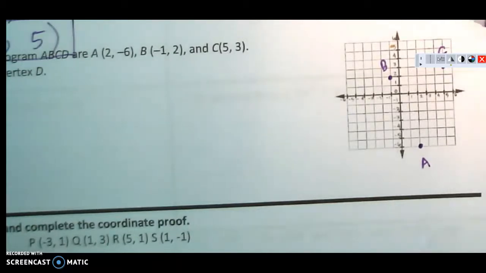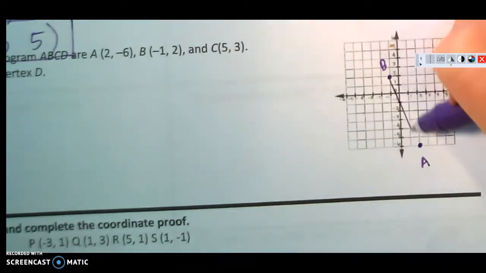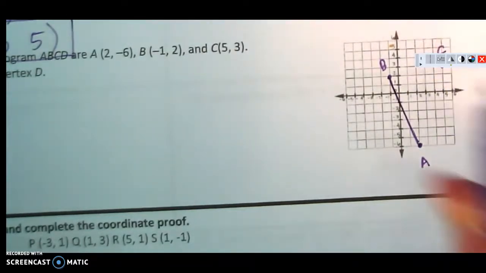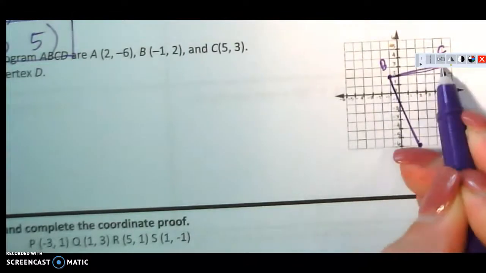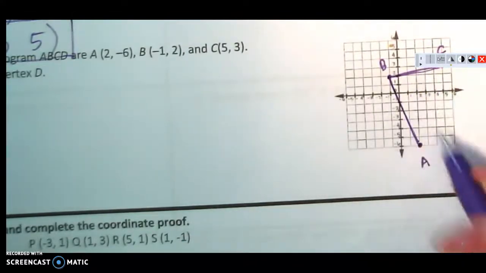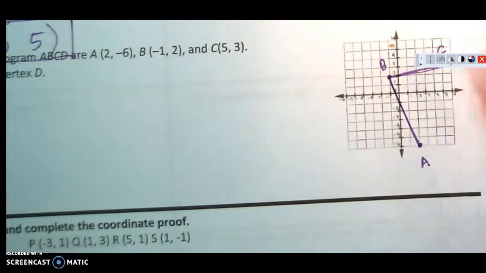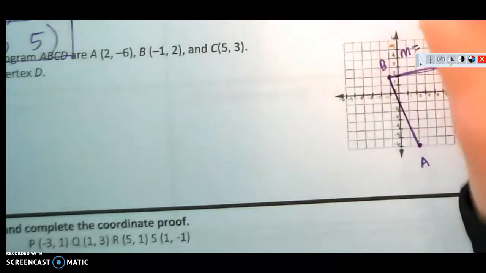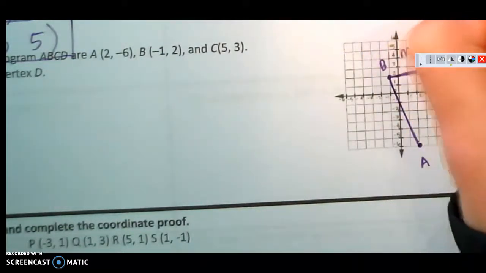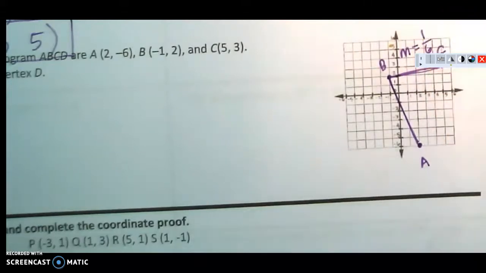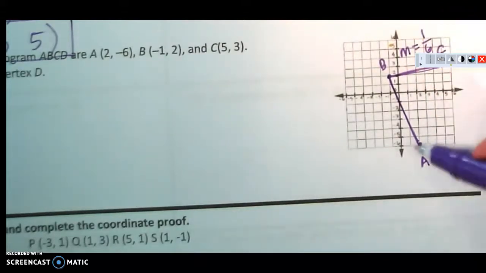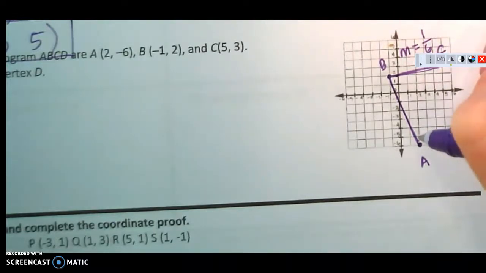Now, if this is a parallelogram, opposite sides are parallel. So first I'm just going to close this in with what I have so far. That means that this side and this side should have the exact same slope. So this has a slope of up 1 over 1, 2, 3, 4, 5, 6. So 1 over 6. So we're going to start on coordinate A and go up 1 and over 1, 2, 3, 4, 5, 6.